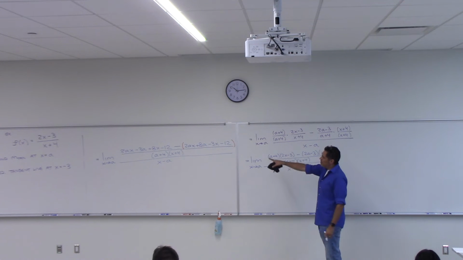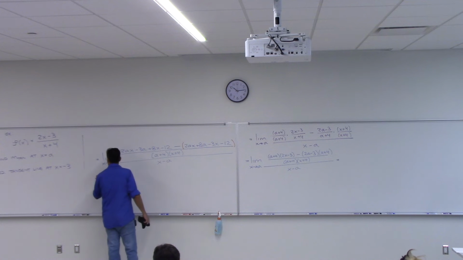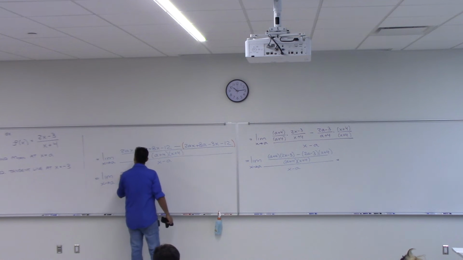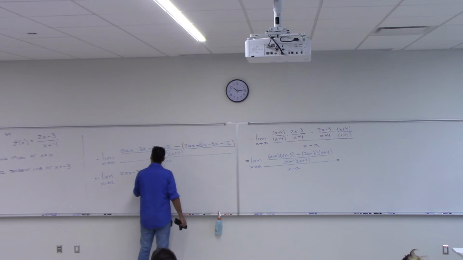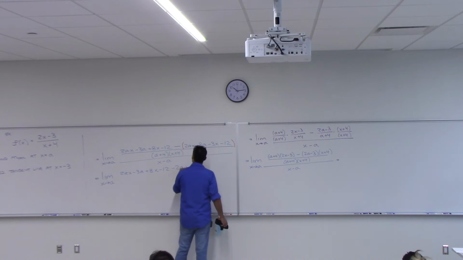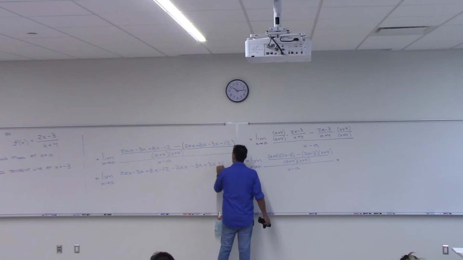Now I'm going to distribute the negative through. All right, I'm going to distribute. Yes, I'm going to rewrite the whole thing. All right, limit x goes to a. Okay, 2ax minus 3a plus 8x minus 12 minus 2ax minus 8a plus 3x plus 12.